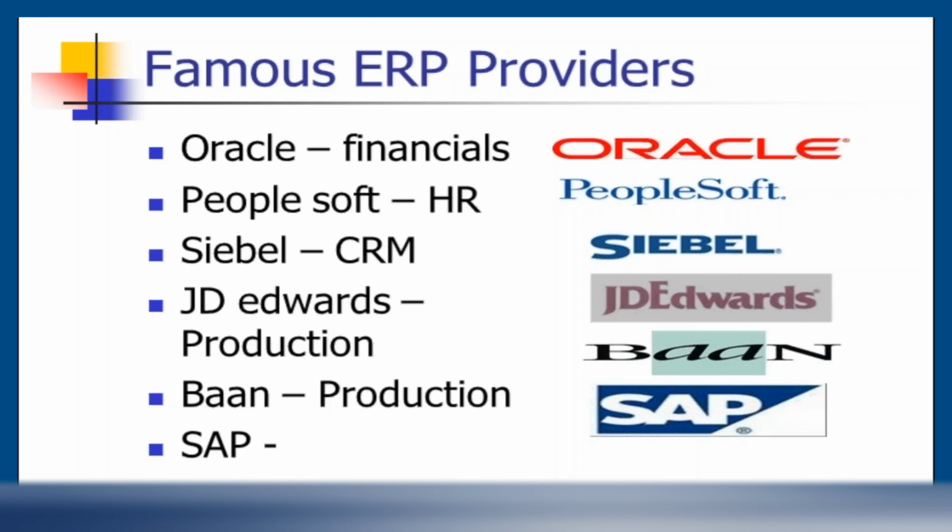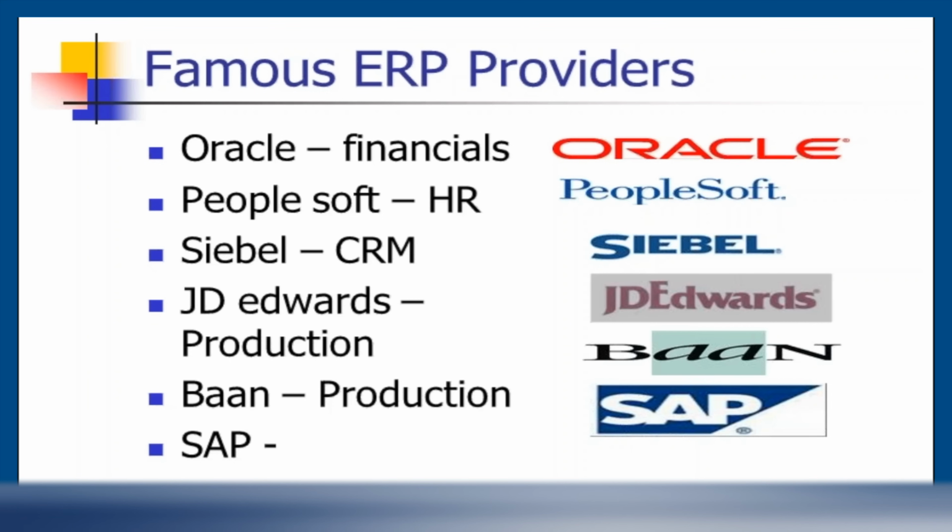HSBC, you might be aware, Hong Kong and Shanghai Banking Corporation, has 36,000 branches worldwide. They are using PeopleSoft for all their employees in different countries, with different currencies, their salaries and everything. They take care of this through PeopleSoft. Siebel is customer relationship management, JD Edwards is a production package, an excellent package.